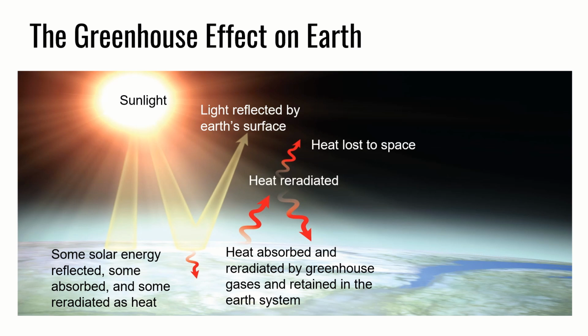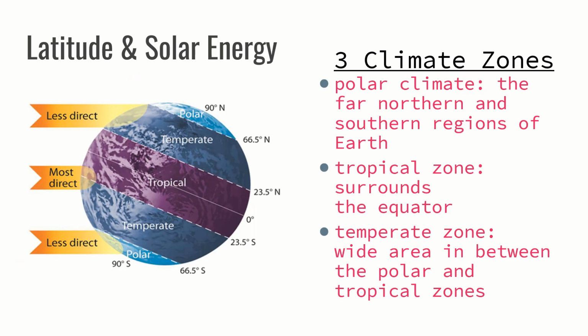And then we can see a little bit is lost to space and is actually escaping outwards from the atmosphere. Okay. And so what's controlling that? We have the greenhouse gases in the atmosphere that are causing heat to be re-radiated, particularly things like CO2, methane, and even water vapor acts as a greenhouse gas.